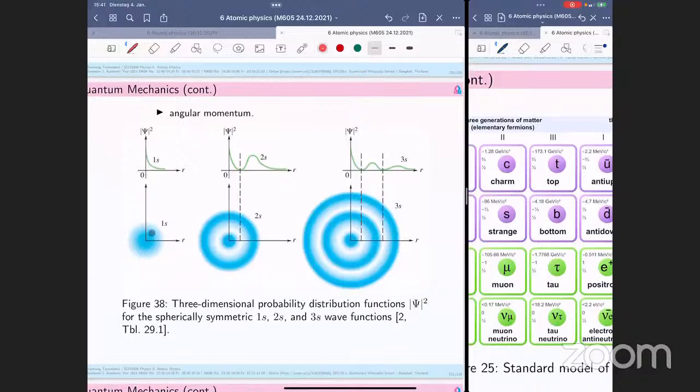You have the density at the center, and for the 2s, when n is equal to 2 and l is equal to 0, you have high density to find the particle at the center and also around the center in this circle.